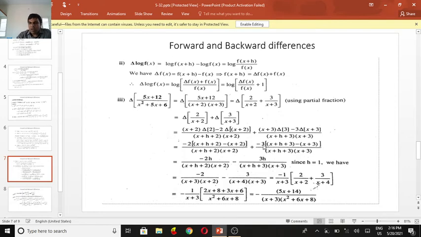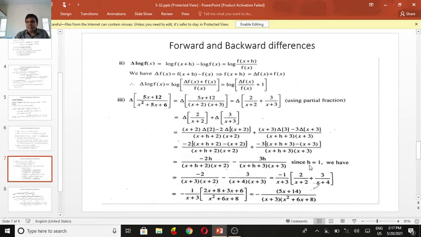Simplifying, we get minus 2h divided by (x plus h plus 2)(x plus 2). Again, applying the same to the second term, minus 3x minus 3h minus 9 plus x plus 3, simplifying, we get minus 3h. So the result is minus 2h divided by (x plus h plus 2)(x plus 2) minus 3h divided by (x plus h plus 3)(x plus 3).